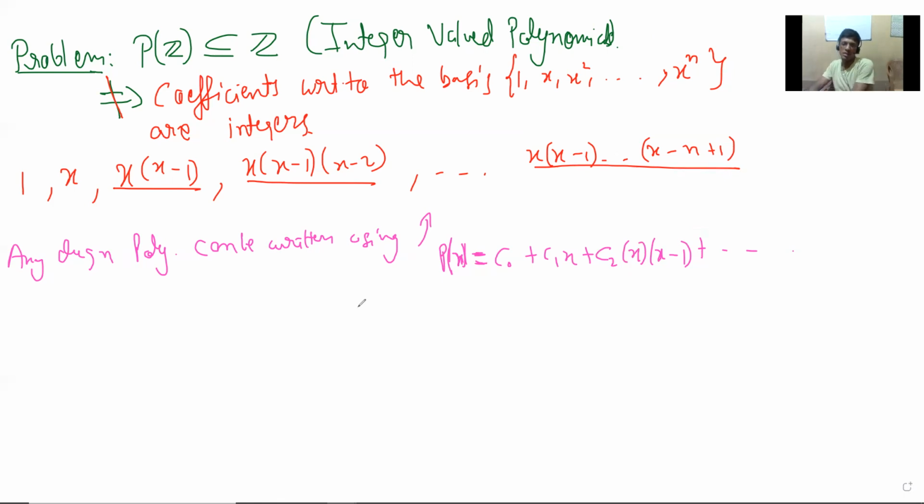So, any ideas? You can just think about substitution, right? Substitution, why not? Well, you can imagine, how would you find C naught? Well, that is just P of 0. How would you find C1?